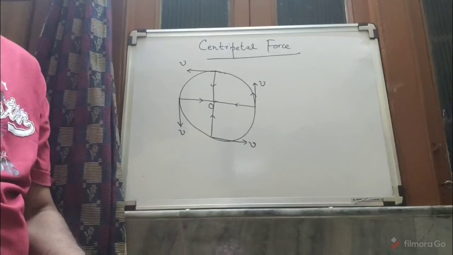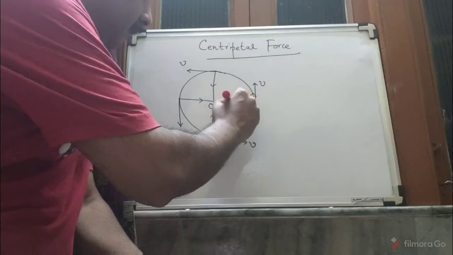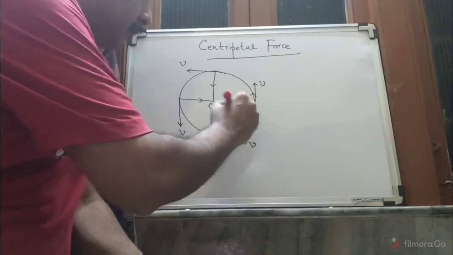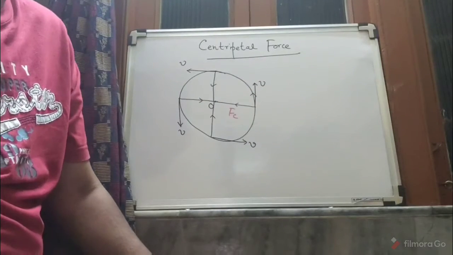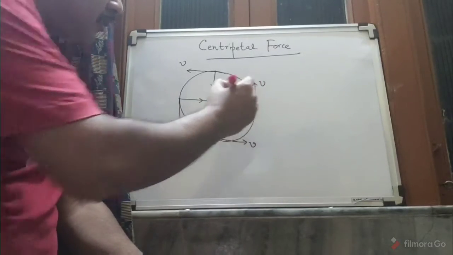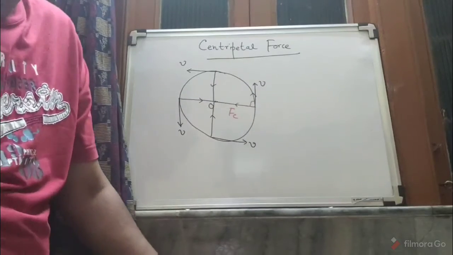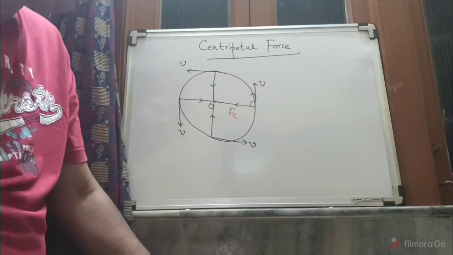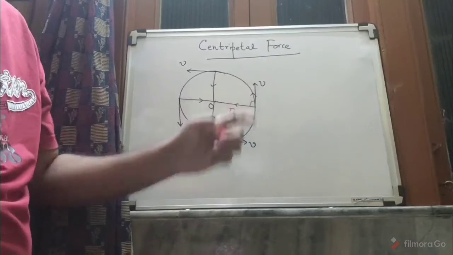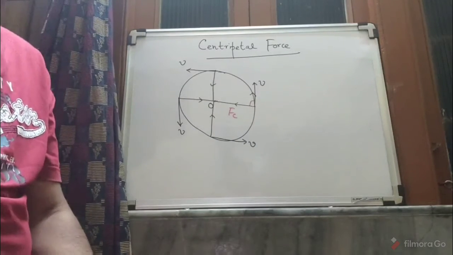And you know the centripetal force Fc. I don't know the expression of Fc right now. C stands for centripetal. It always acts perpendicular to the velocity at every point of the circle. The exact angle between the centripetal force and velocity is exactly 90 degrees.